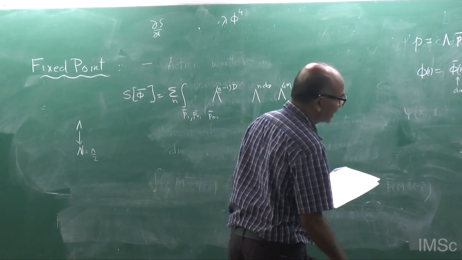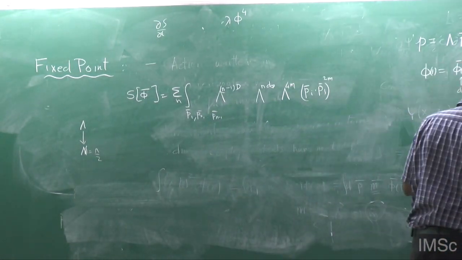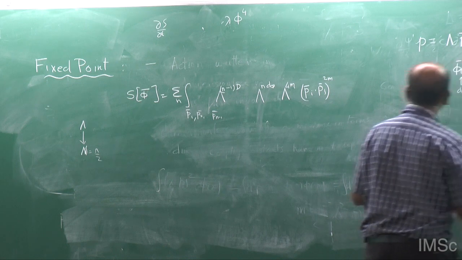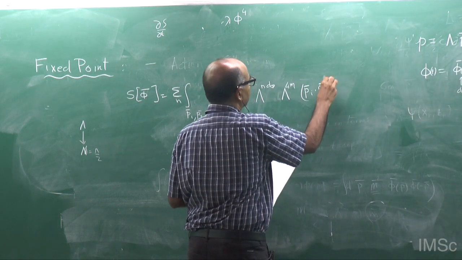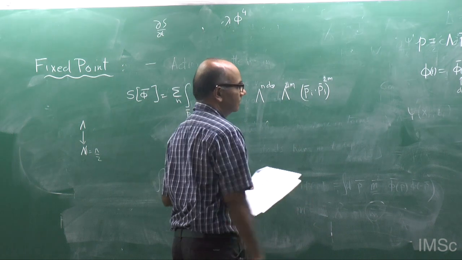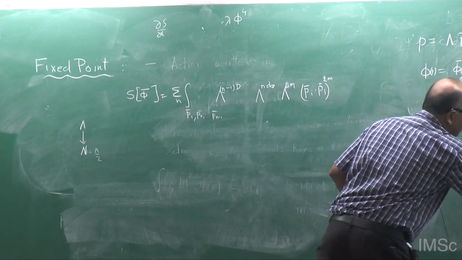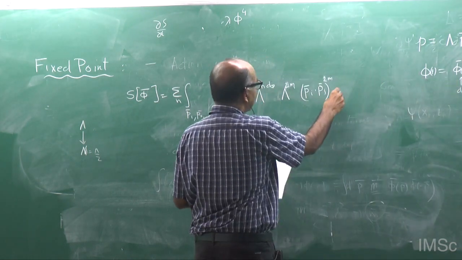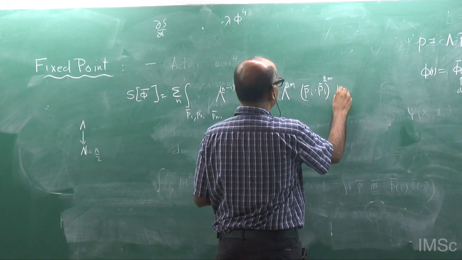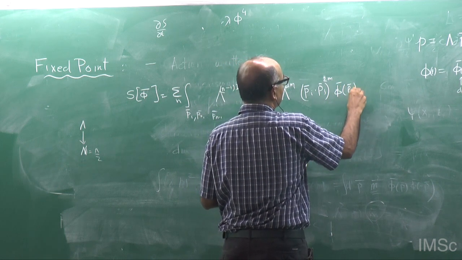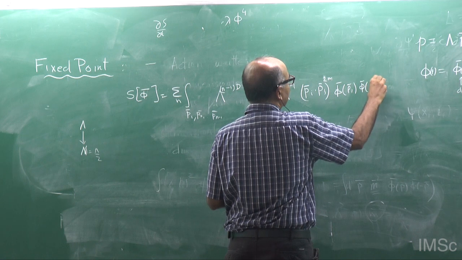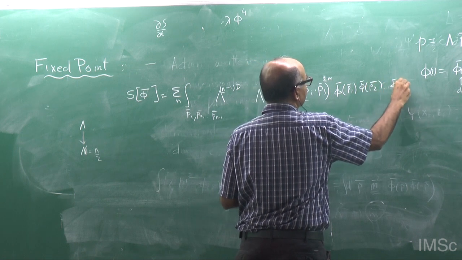I think I should just call it m. Maybe that's a typo. So let me call this m and call this 2m. Okay. So there are 2m momenta, that's this number, and then this. And this times phi bar, p1 bar, phi bar, p2 bar, phi bar, pn bar.